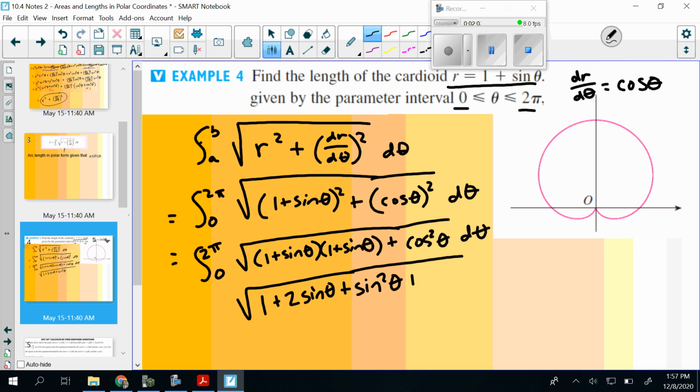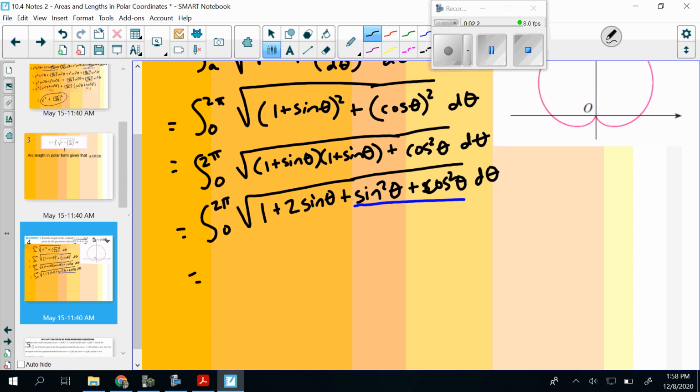And this will simplify a little bit using some of our Pythagorean identities, because we know sine squared plus cosine squared would be equal to 1. So if it was a matching one on the AP test, know that that would then be equivalent to 1.